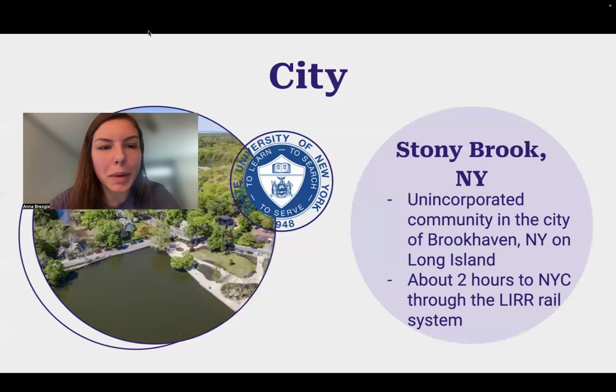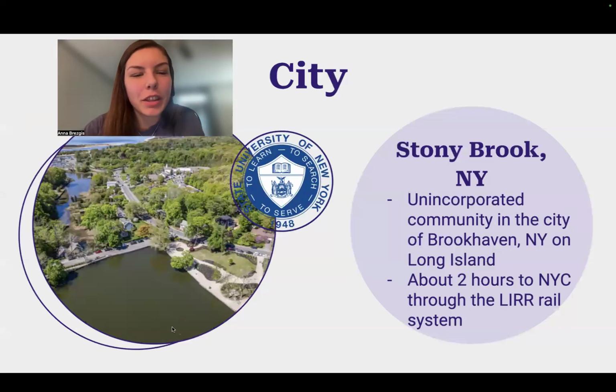If I move my face, you can see in the picture, this is Stony Brook. Even though it's on Long Island and really close to a major metropolitan city, it is still kind of a sleepy college town. There's lots of stuff to do, lots of access to nature, lots of student communities to engage with.